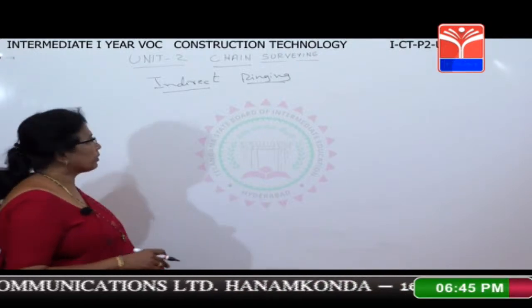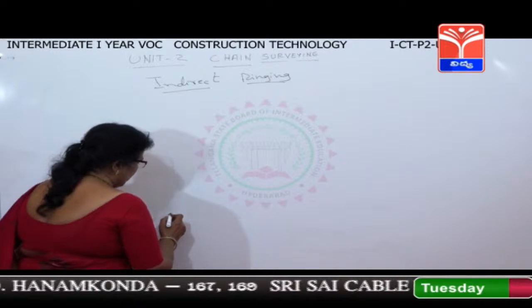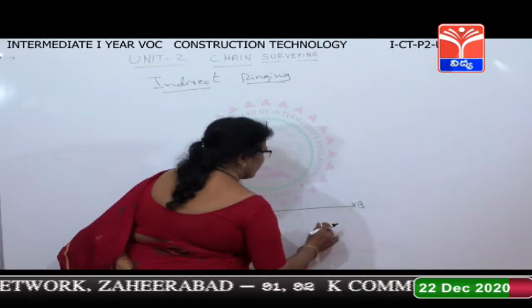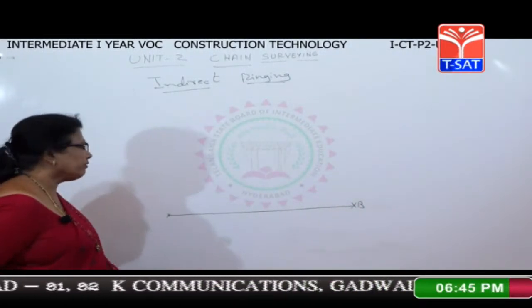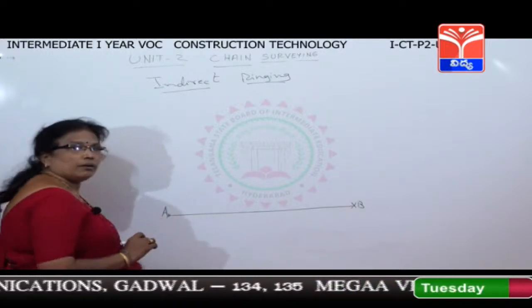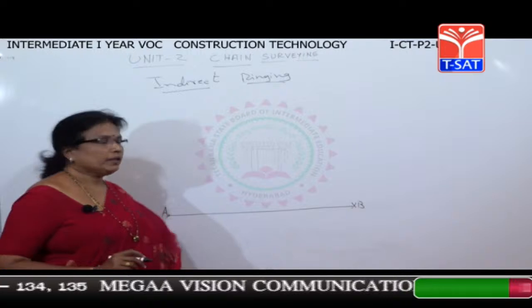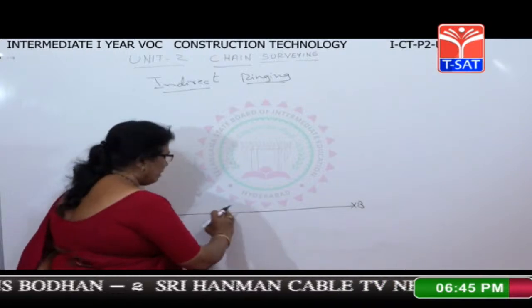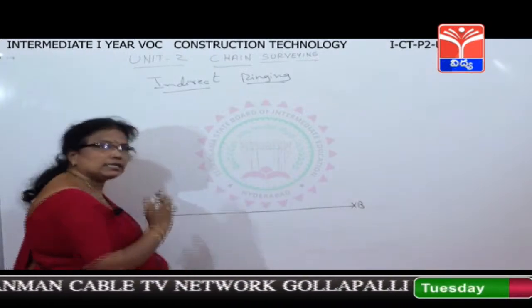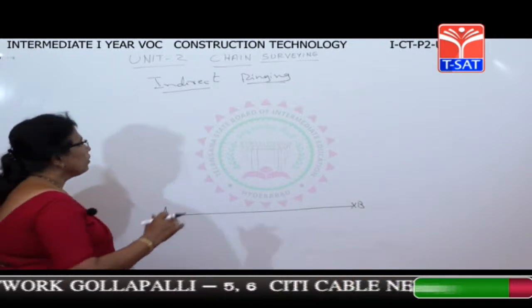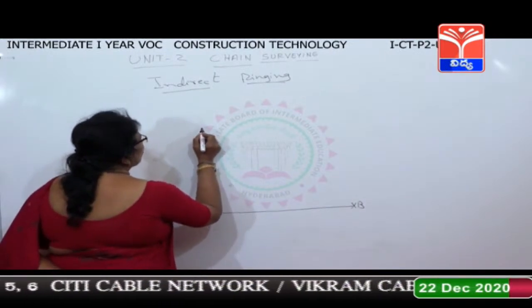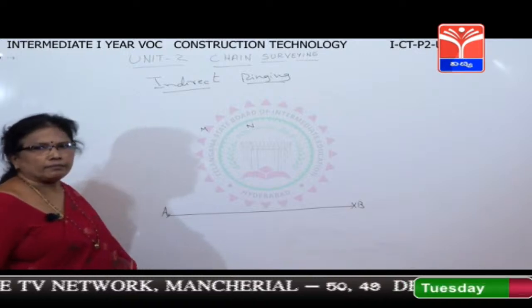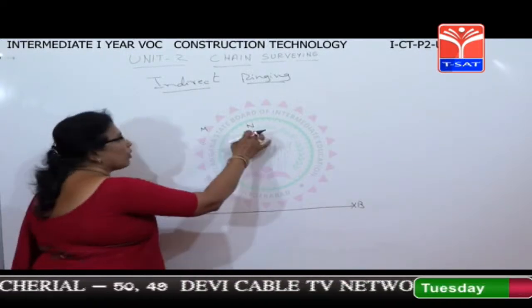Now we'll look at how we have to do the indirect ranging. See, this is the line we have to measure, A and B. But due to some disturbances, due to some high ground or anything, person A cannot see B and B cannot see A. That time you take 2 more points, M and N. How you have to take these 2 points?